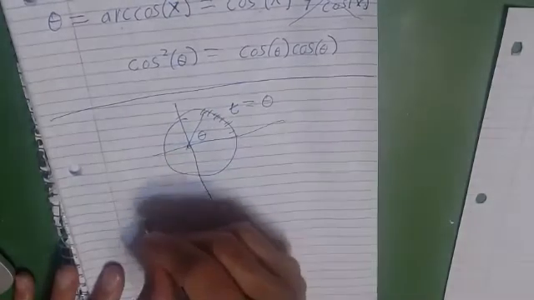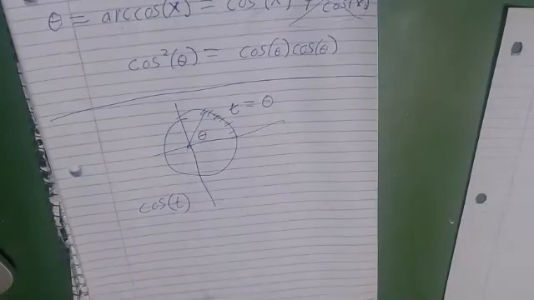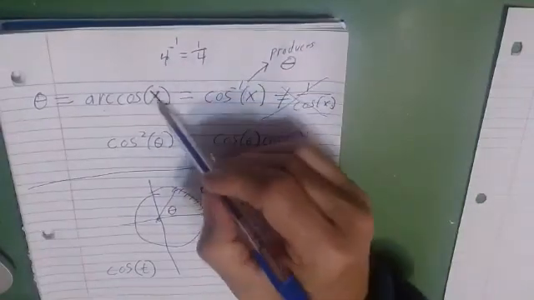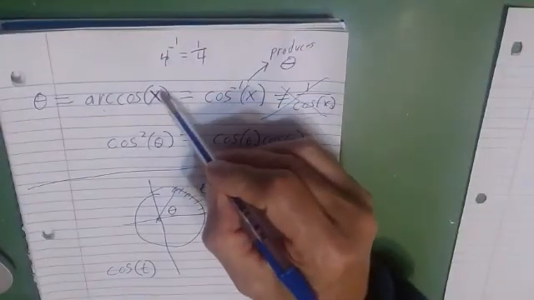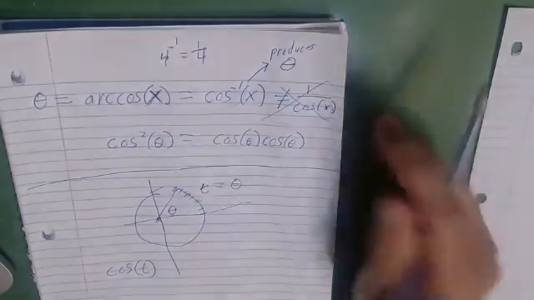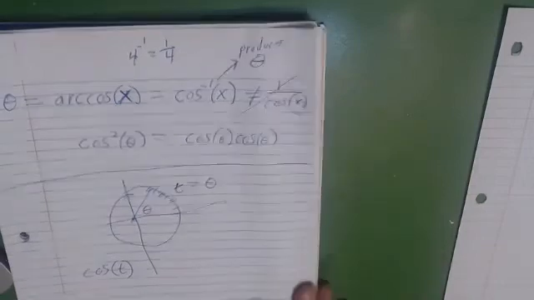If you're talking about straight up functions, cosine t. So again, if you're talking about inverse functions, I guess x would be preferable. Then you're more apt to realize this is just a real number, doesn't represent an angle at all in any way. Okay, that's the end of that topic.